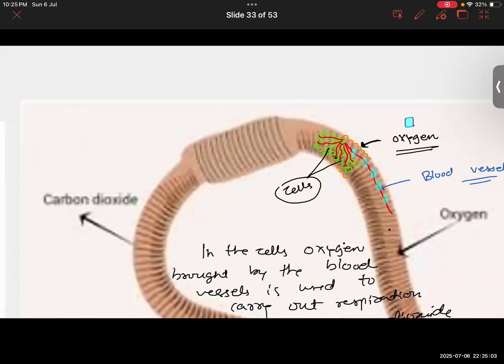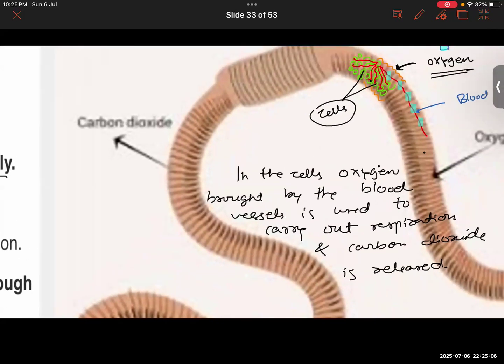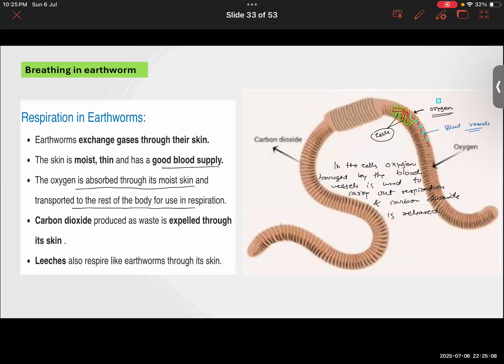Yes, sir. Okay. An important fact about the earthworm is that if you have ever seen the blood of an earthworm, accidentally, let us suppose, you would have seen that it is also red in color. Yes.